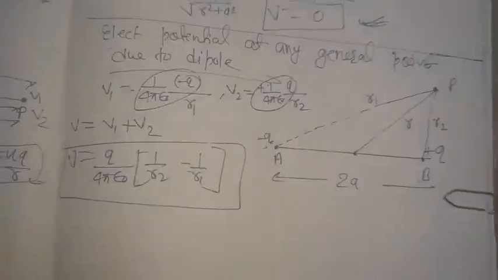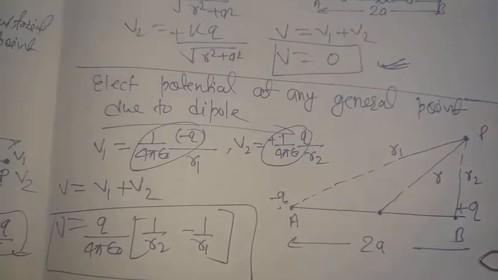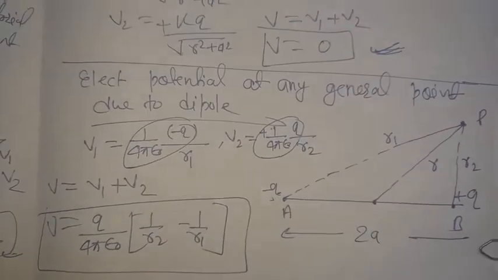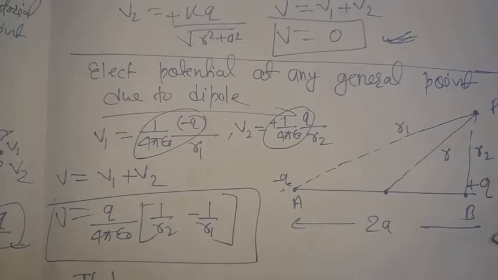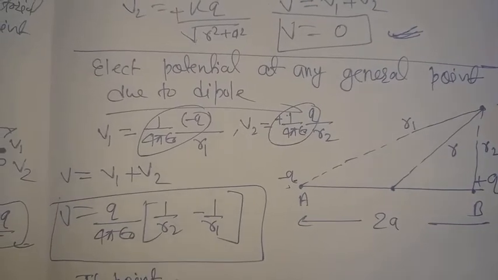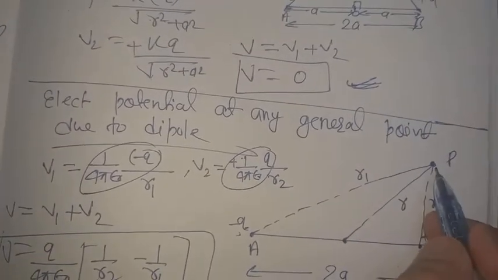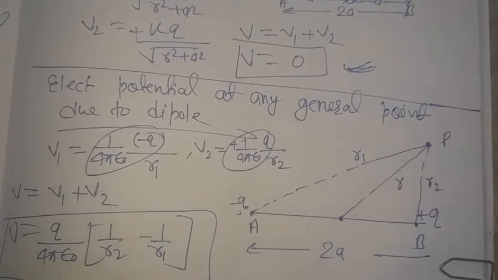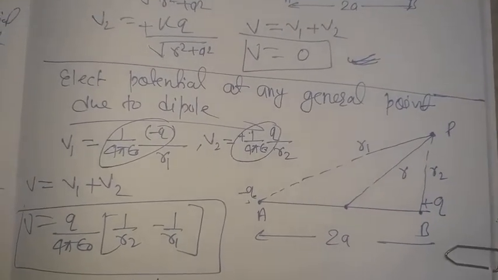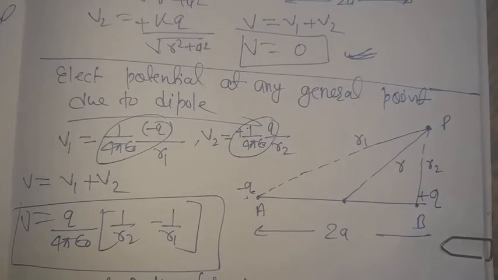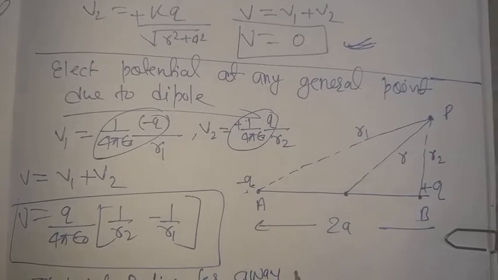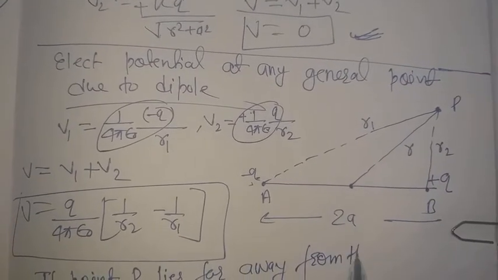But there is an assumption. The assumption is that point P, where we want to find the electric potential, lies far away from the dipole.